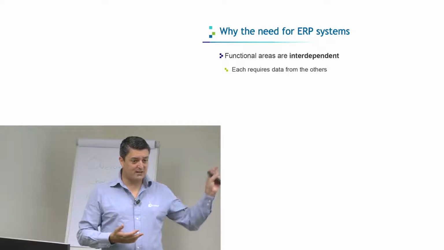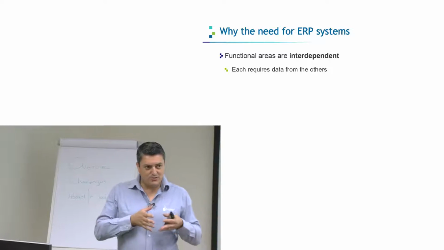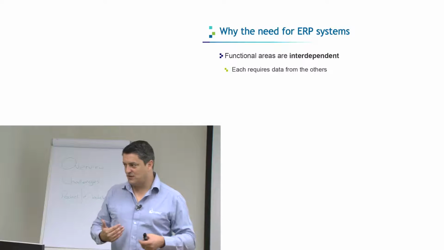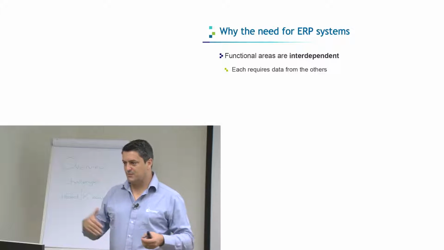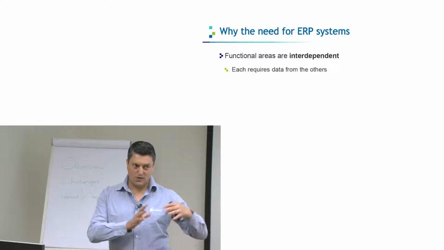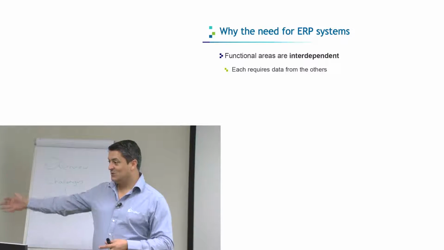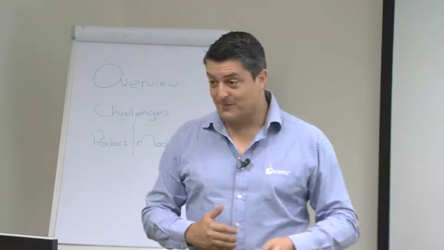So I need to understand all of those aspects. There's going to be some interaction. And it's pointless me working in isolation if I can't engage with the financial person to say, look, we are looking at increasing our sales by X amount, but it will mean that we have to increase our stock holding by Y amount. Do we actually have the cash to fund that up front in order to get the return of the increased sales? So the functions are interdependent.